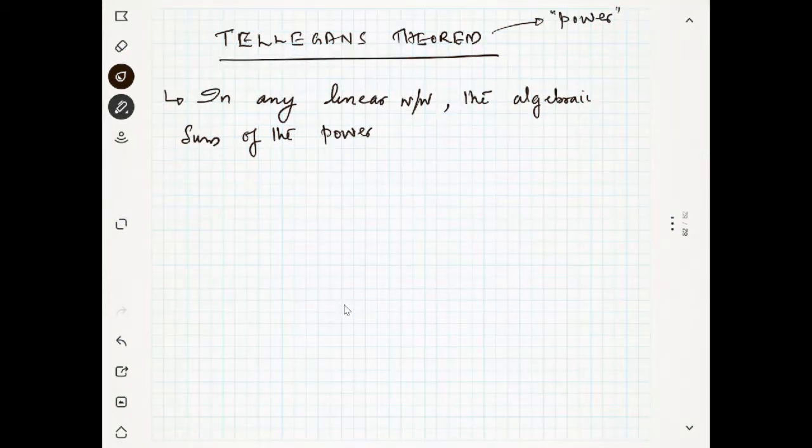The algebraic sum of the powers at any given instant, this is a very, very important statement. Given instant means at any time, irrespective of time. If the circuit is a linear network, the algebraic sum of all the powers at any given instant is 0.